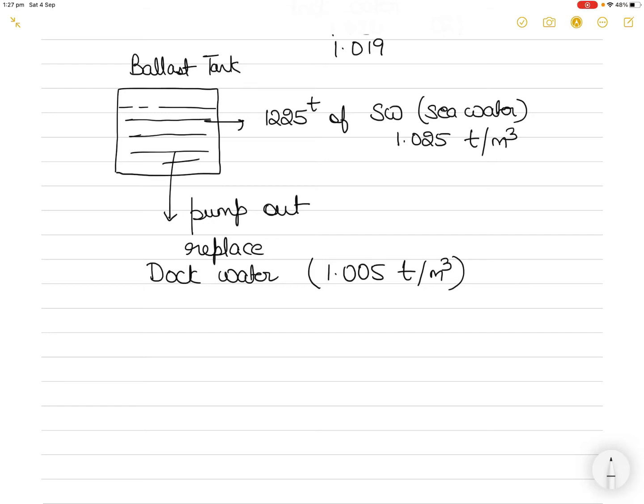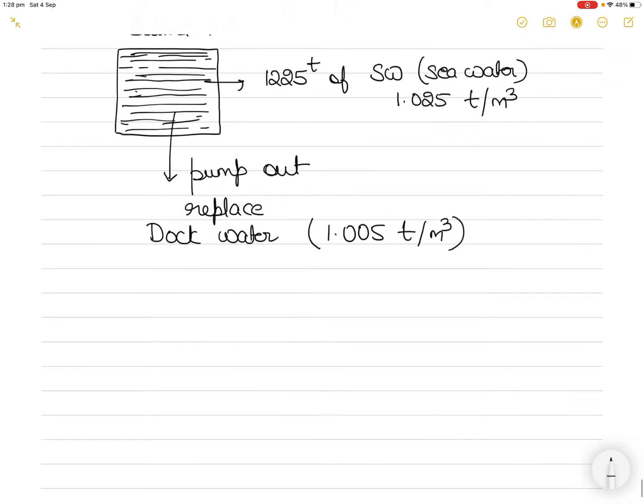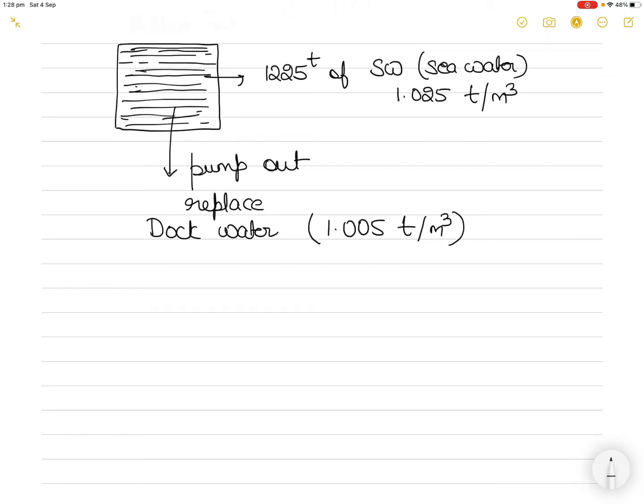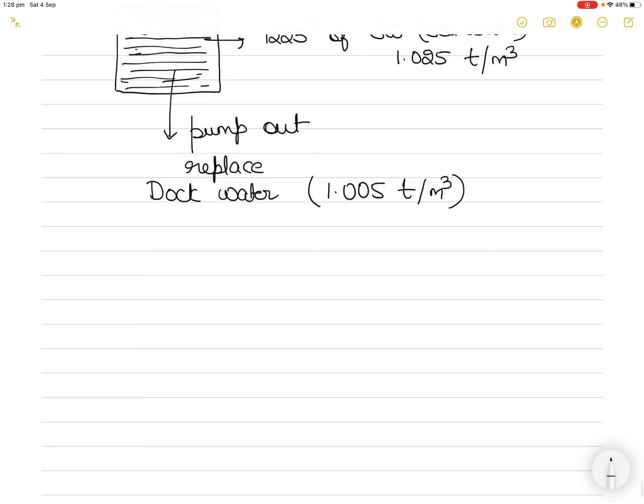The whole tank is filled up. It's completely full. I pump out the seawater and I replace it with dock water of 1.005 tons per metric cube. What difference does it make?